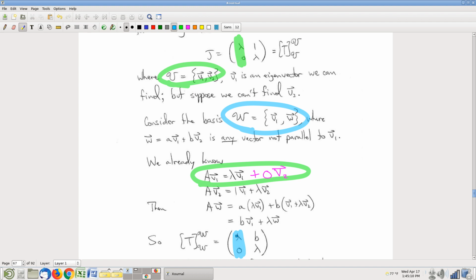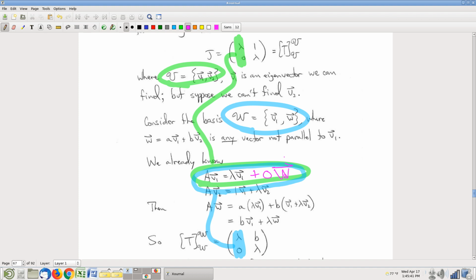Well, because in the same way that this column here tells me that equation, this column here tells me a very similar looking equation. Look at the coefficients, lambda and 0, but we have a new basis now, V1 and W, so the equation becomes AV1 equals lambda V1 plus 0W.